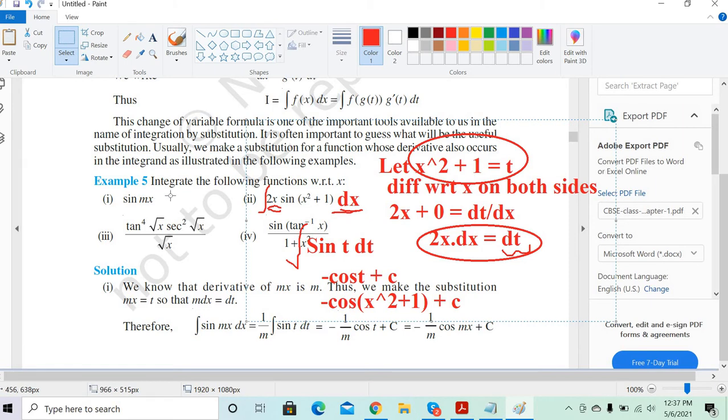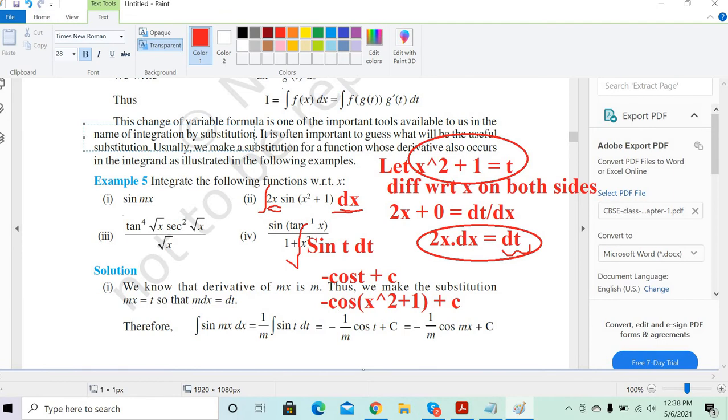So you can take mx as t, because m is a constant. You can put, let mx is equal to t, and then you differentiate on both sides with respect to x, right? Yes, sir.